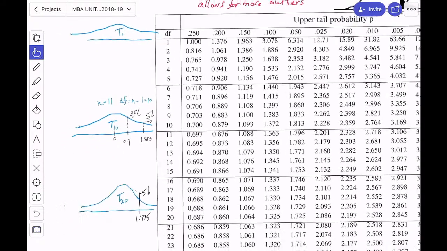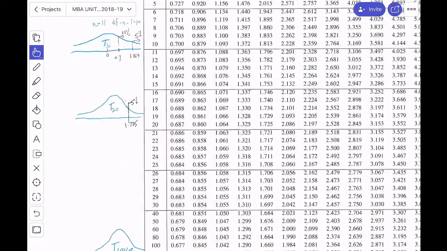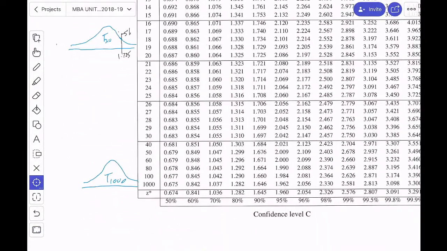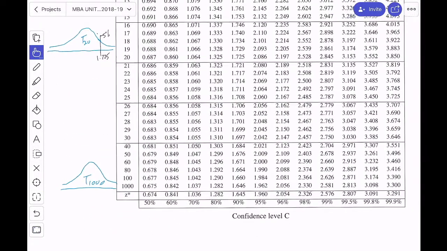So for now, what you've been doing, I've asked you to use this table because it nicely summarizes the critical values for popular confidence interval levels. Just like you could pull out the Z critical values, you could also get the T critical values.